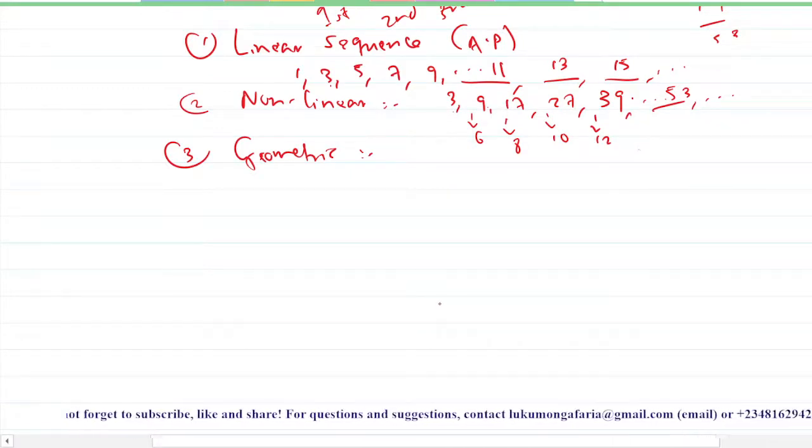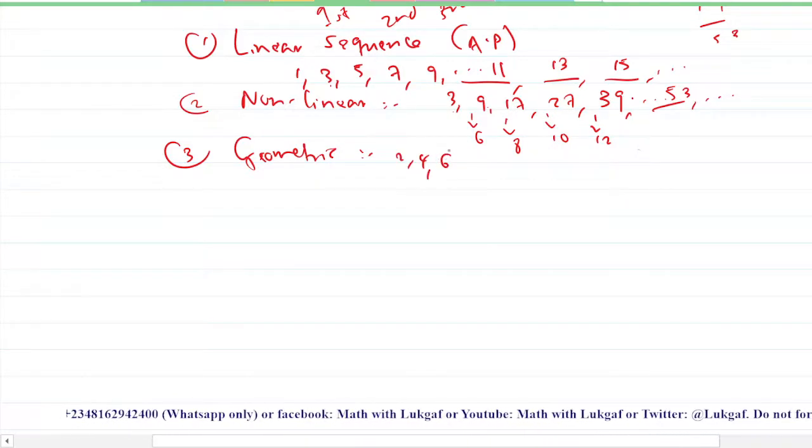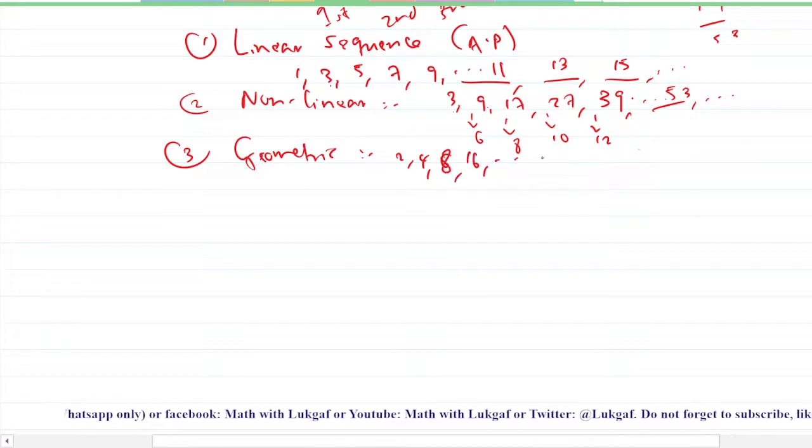It's a kind of rule such that the relationship between two consecutive terms is a product. For example, when I have 2, 4, 8, 16, you can see that this sequence follows a certain rule.